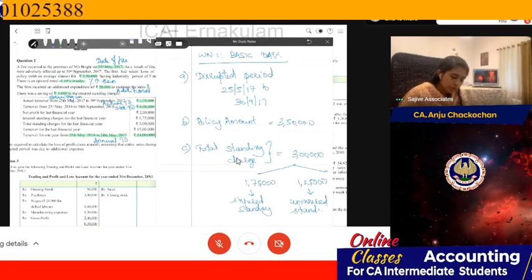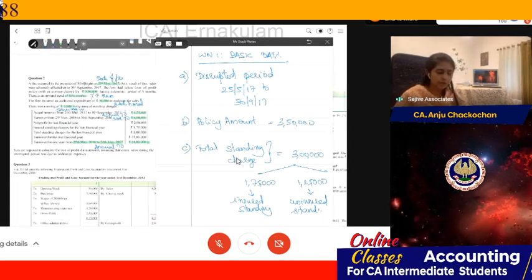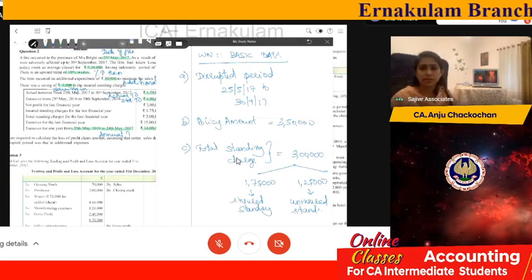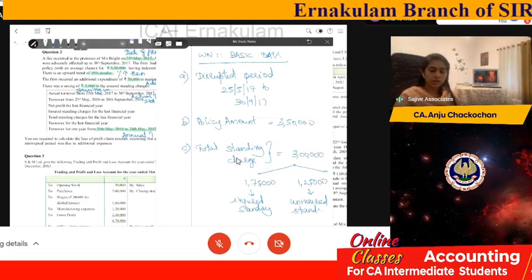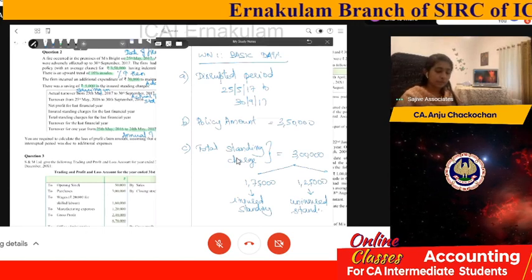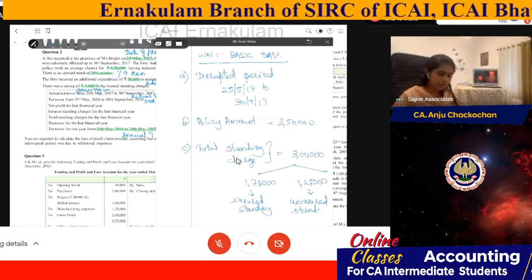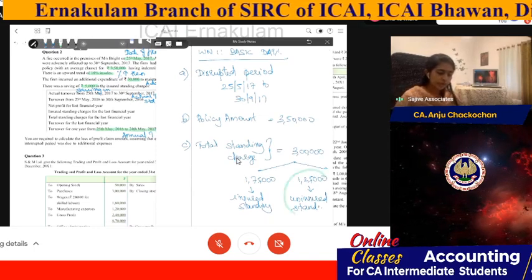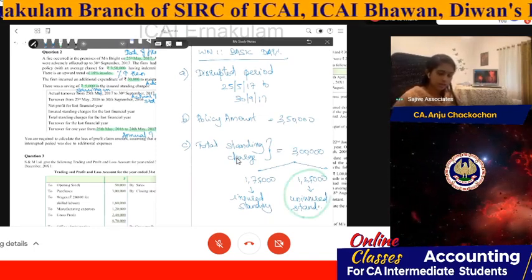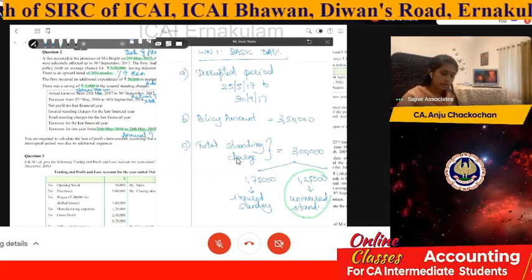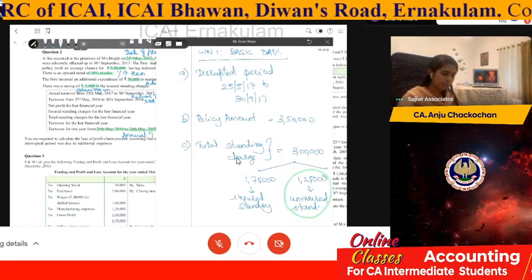You will have to compute the loss of profit claim amount, assuming the entire sales was due to additional expense. This was a figure here which we computed. Everybody just note this down.